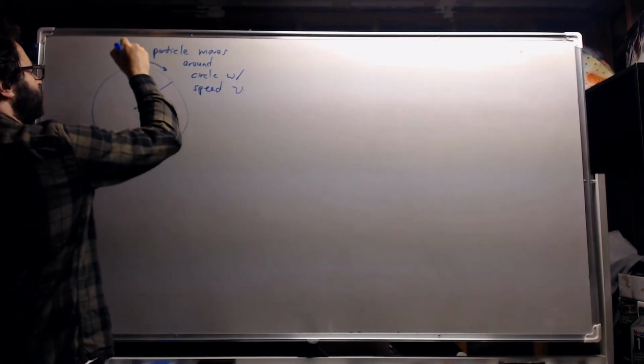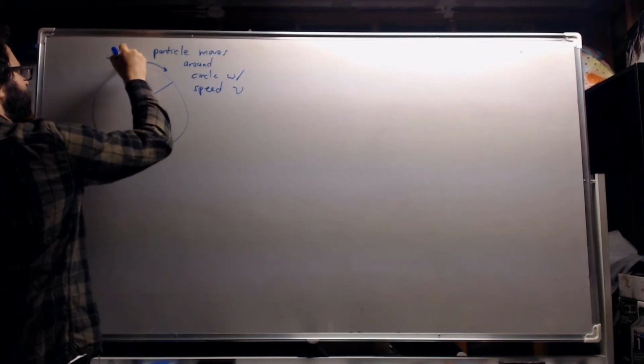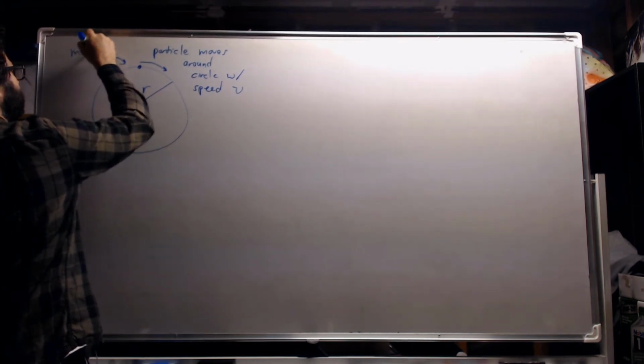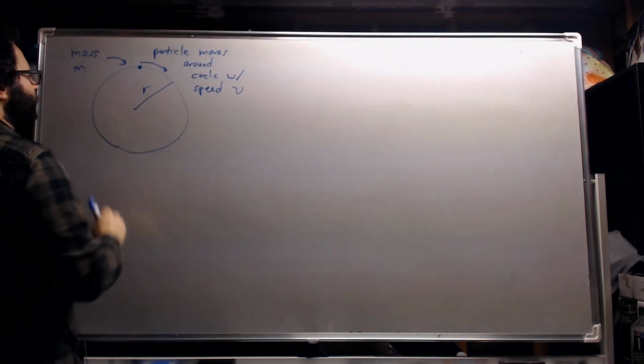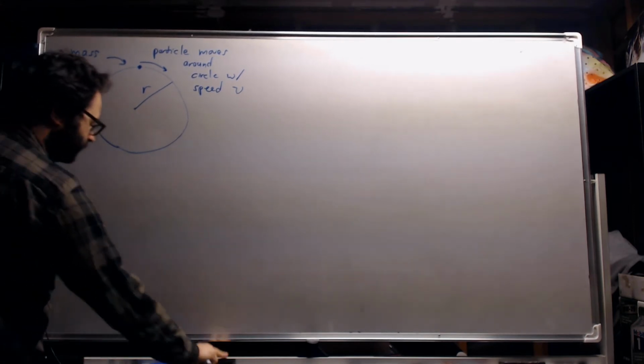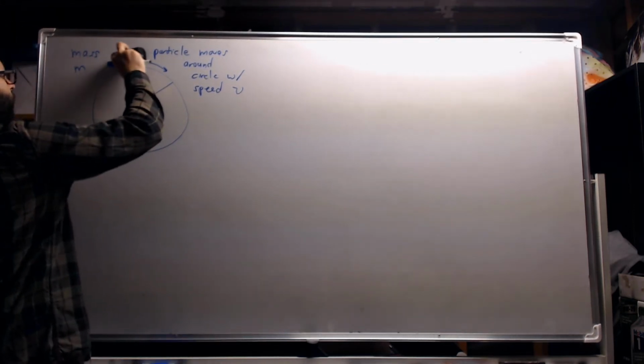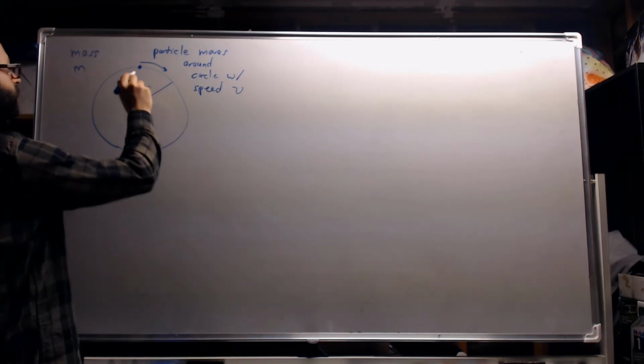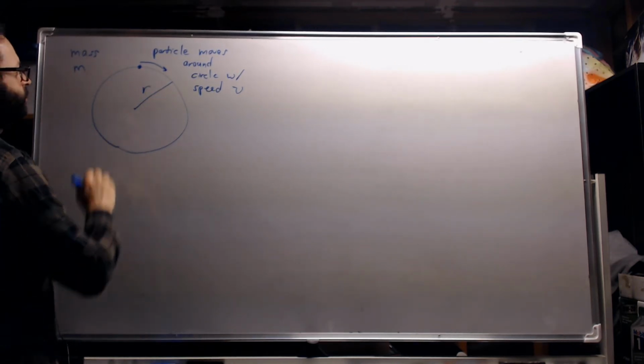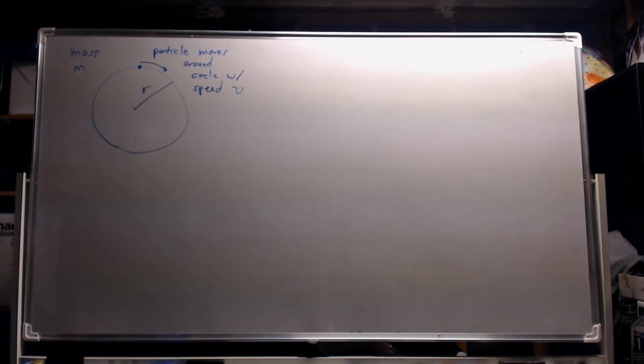And the particle has mass m. This is indicating that this point particle is moving around the circle.